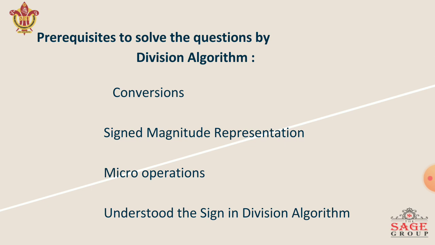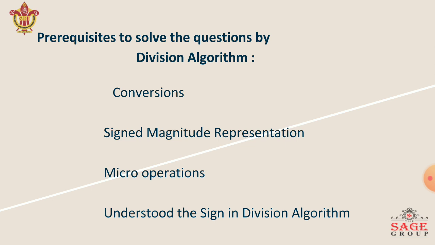Prerequisites to solve the questions by division algorithm. Number one, conversions. Before we learn the division algorithm, some basics are prerequisites, like conversions, binary to decimal or decimal to binary.